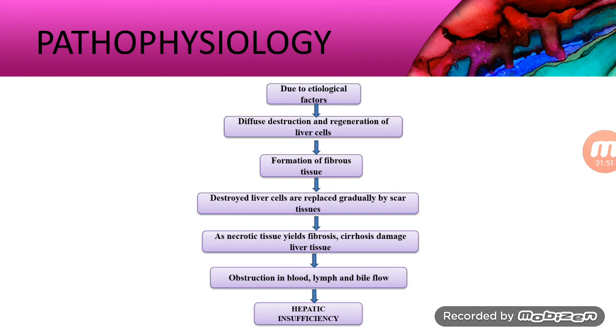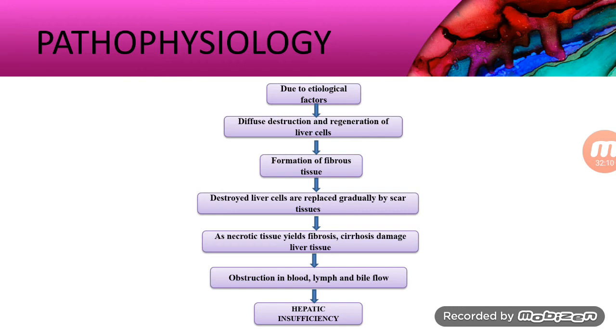Due to that, obstruction in the blood, lymph and the bile flow. So if there is necrosis, then obviously obstruction will be there in the blood flow as well as lymph node and bile flow also.